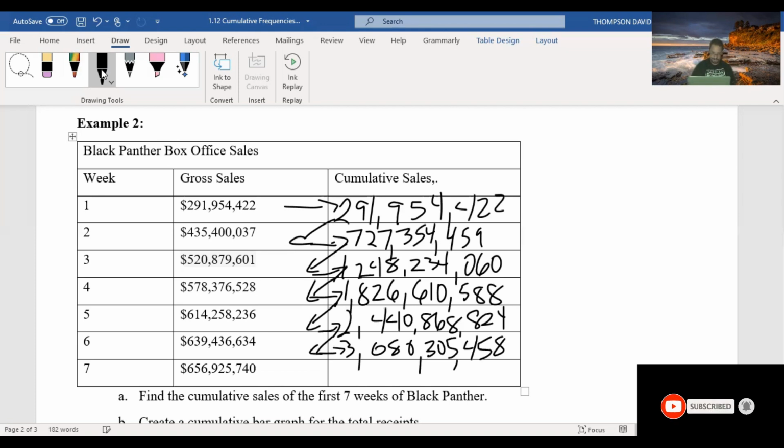And then add in the last week, 656 million, 925,740. So we're close to $4 billion within 7 weeks. And keep in mind, this kept going because this was a very popular movie in 2018. So we have our cumulative sales.